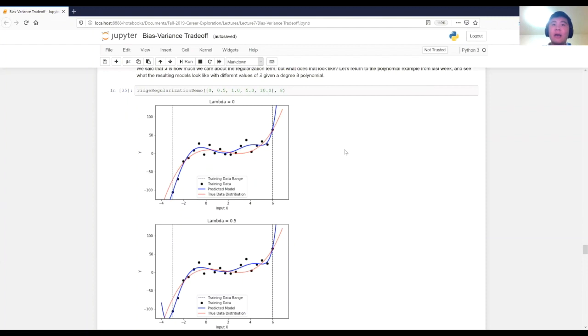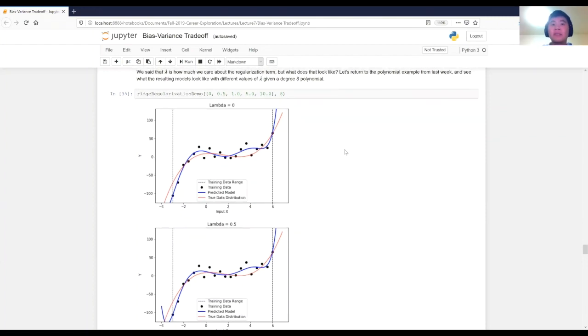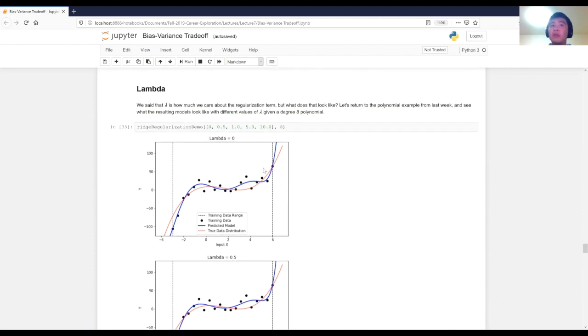let's look at a bunch of different plots with different values of lambda, where we run ridge regression on this data. Here we see that with a lambda value of 0, we have too much variance. The model that we have will go up and then down and then up and then down, then up. Whereas the true data distribution is much more smooth.